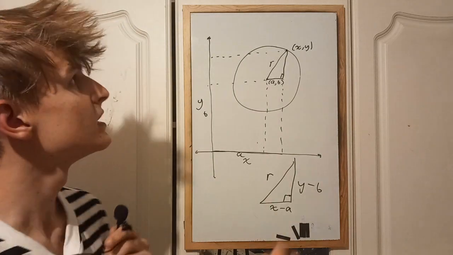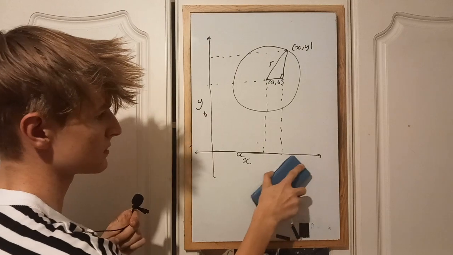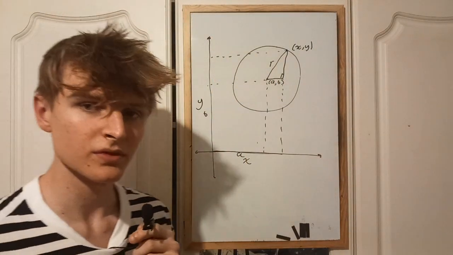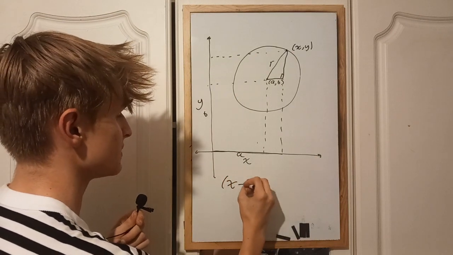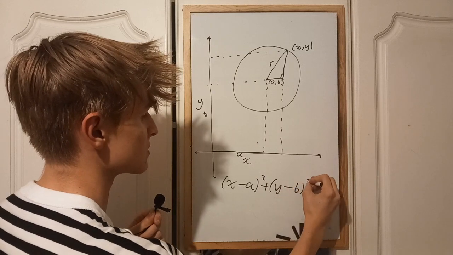And if I just quickly rub this out, then we can write down that (x minus a) squared plus (y minus b) squared equals r squared.